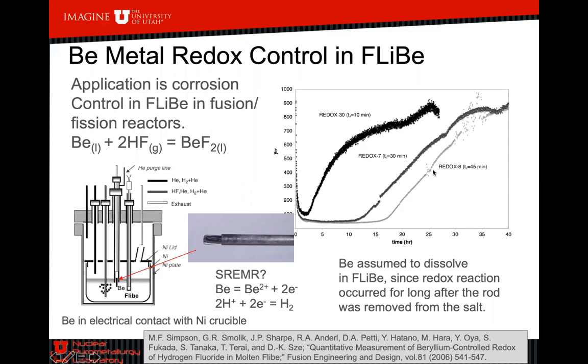What's happened is we've actually dissolved beryllium in the salt. We put so much beryllium in the salt, and this reaction happens very fast. Beryllium reacts with HF to form beryllium fluoride, and it's like a redox buffer.